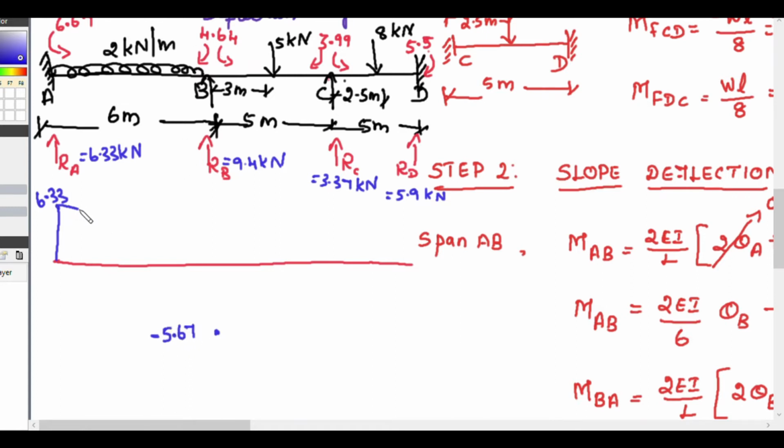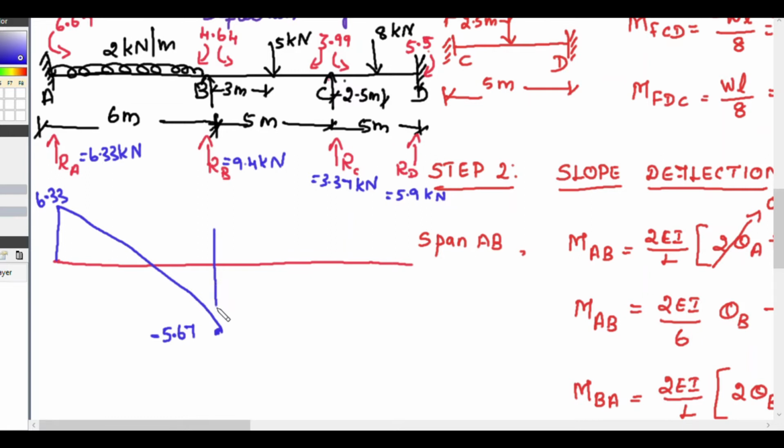Then at B, RB is 9.4. So minus 5.67 plus 9.4, we get 3.73.